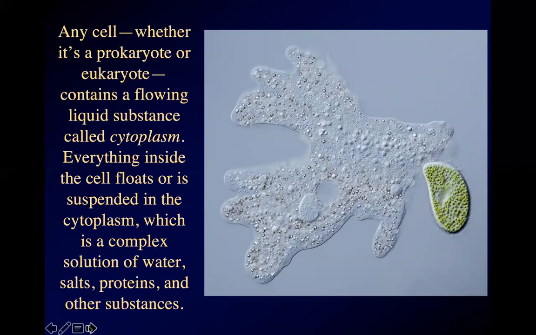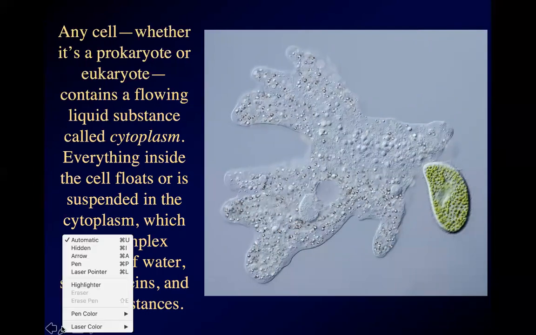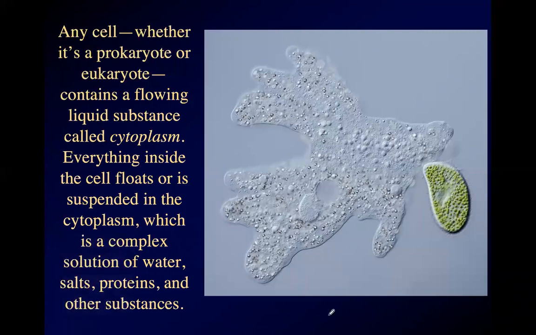Any cell, prokaryote or eukaryote, contains a flowing liquid substance called cytoplasm. What you're looking at here is a large eukaryote. That's an amoeba. And it's a eukaryote. The nucleus is right there. There's various little blibs and blobs inside that we don't need to get into.